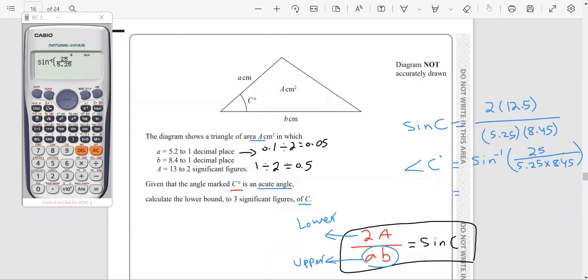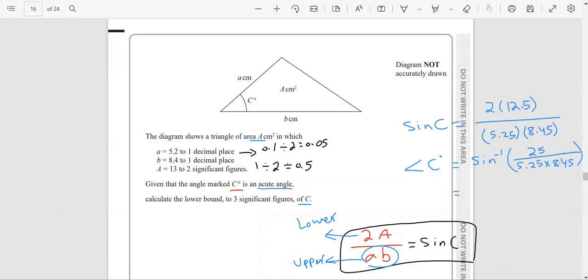So it's 25 over 5.25 multiplied by 8.45, and it will be 34.3, and this is the final answer to 3 significant figures. So it will be 34.0 degrees. This is the measure for angle C as was required in the question.